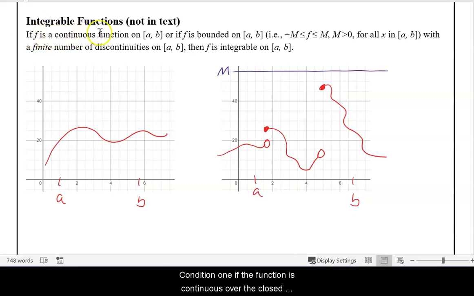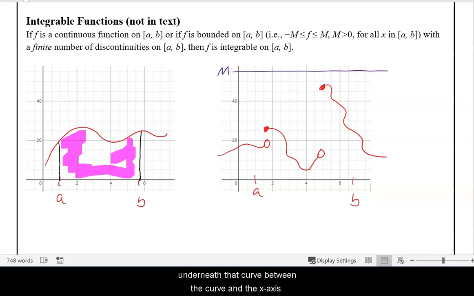Condition 1, if the function is continuous over the closed interval from a to b, then it is integrable on a to b. What that implies is that if you have a continuous function over the interval and you were to connect the function with the points a, 0 and b, 0 with vertical lines x equals a and x equals b, then you should be able to shade the region directly underneath that curve between the curve and the x-axis.